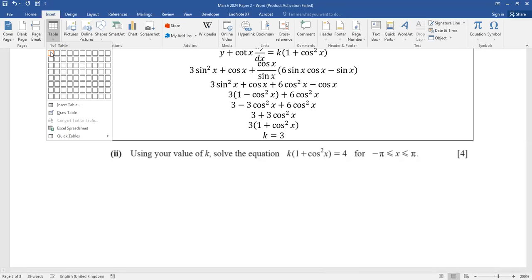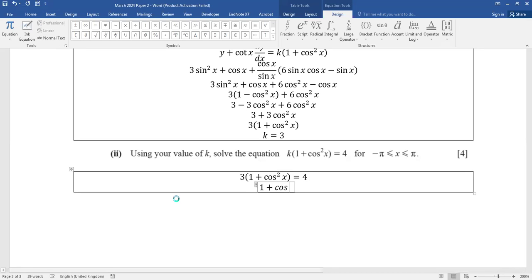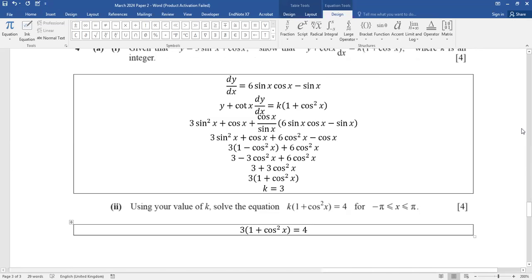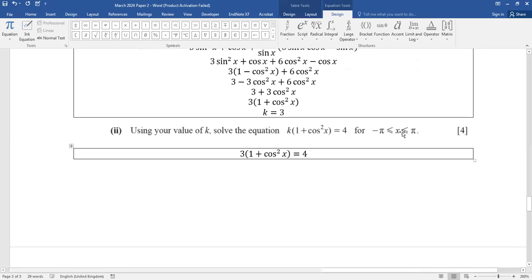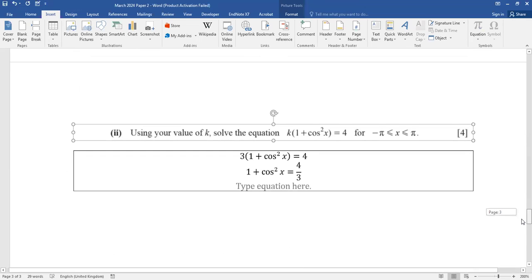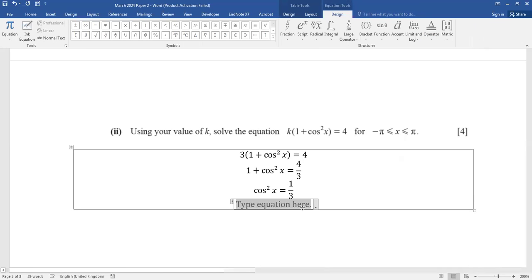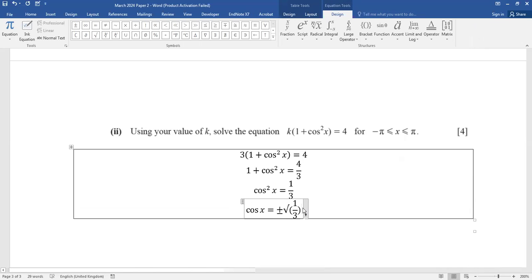Okay, now the second part, the question wants us to solve this. The value of k was 3, and 3 times 1 plus cos square x is 4, so 1 plus cos square x is 4 upon 3. The range is from negative pi to pi. We will say cos square x is 1 upon 3. Once we take the under root, we'll get cos x is plus and minus under root of 1 by 3.